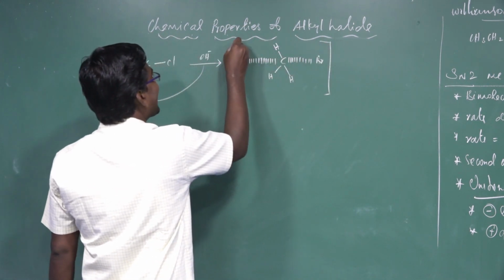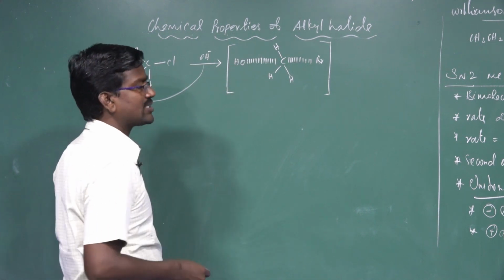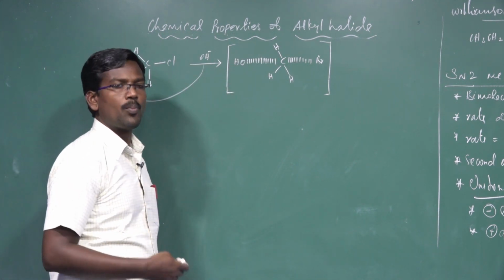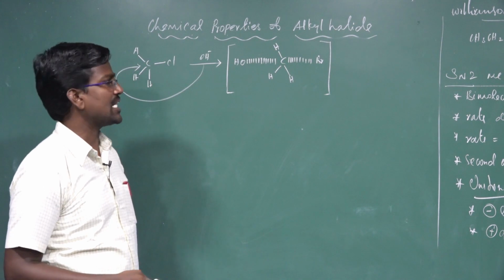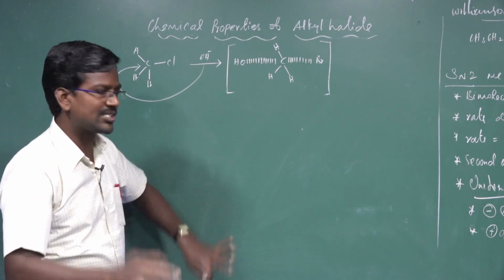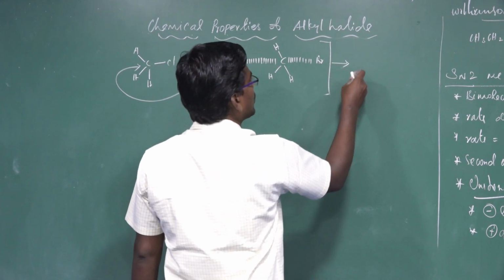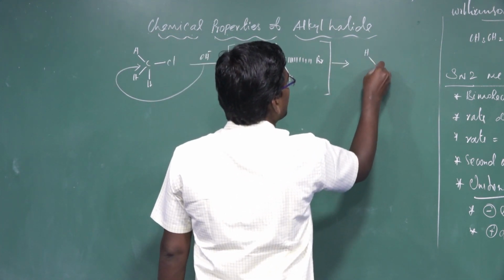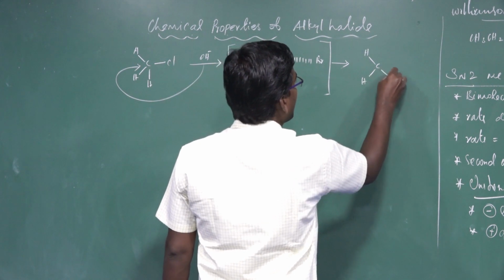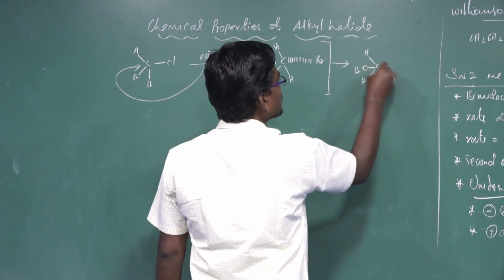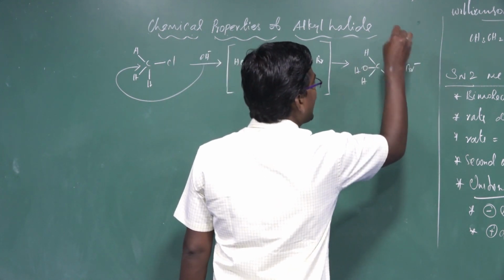It is a transition state, intermediate state, unstable state. The unstable state can change into hydrogen, carbon, hydrogen, with the bond OH, and Cl minus can be removed.